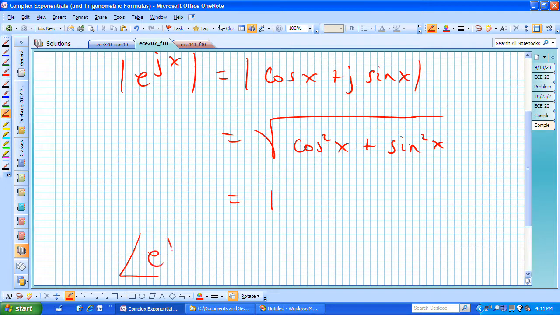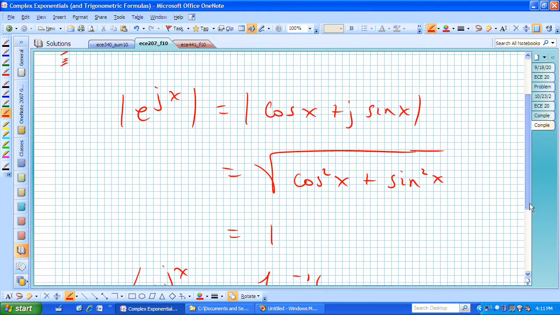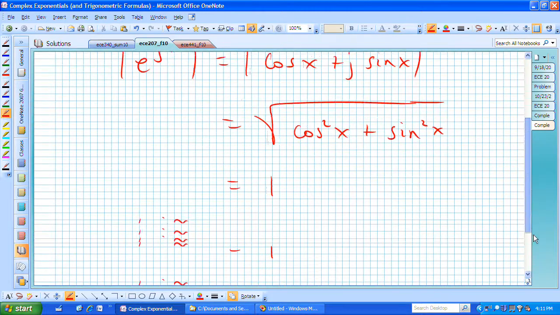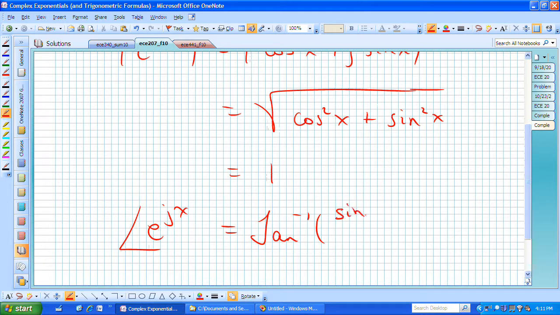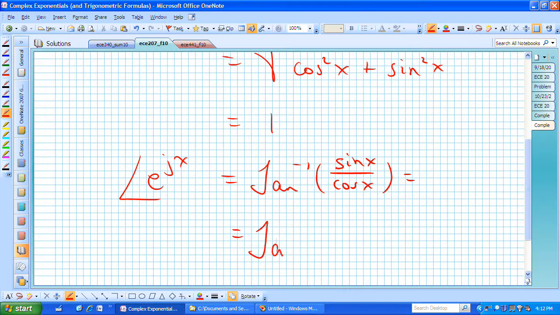The angle of e to the jx is just the inverse tangent of the imaginary part over the real part. The imaginary part is sine of x. The real part is cosine of x. But that's just the inverse tangent of the tangent of x, which will just give us x.